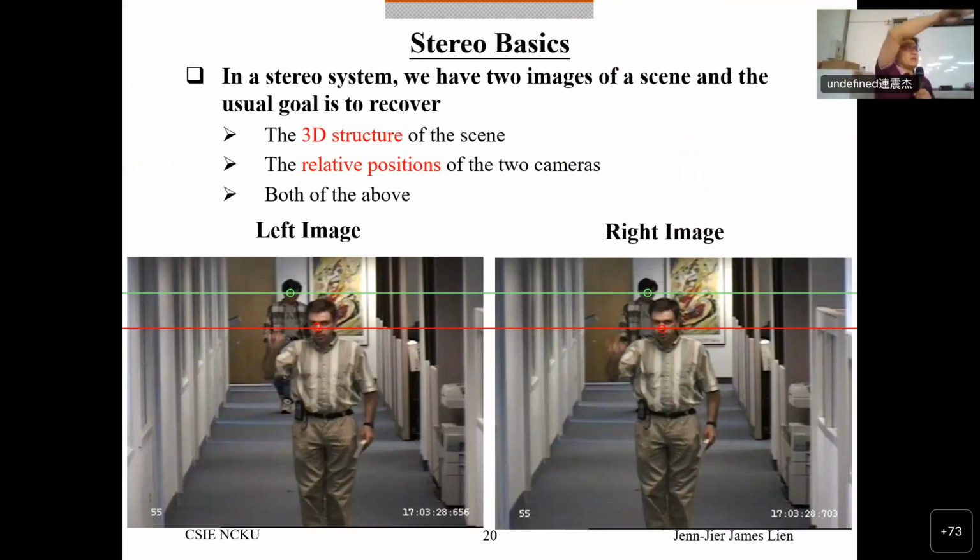In reality, sometimes, suppose this room, I have 20 cameras surrounding this room. I can do the 3D view here.